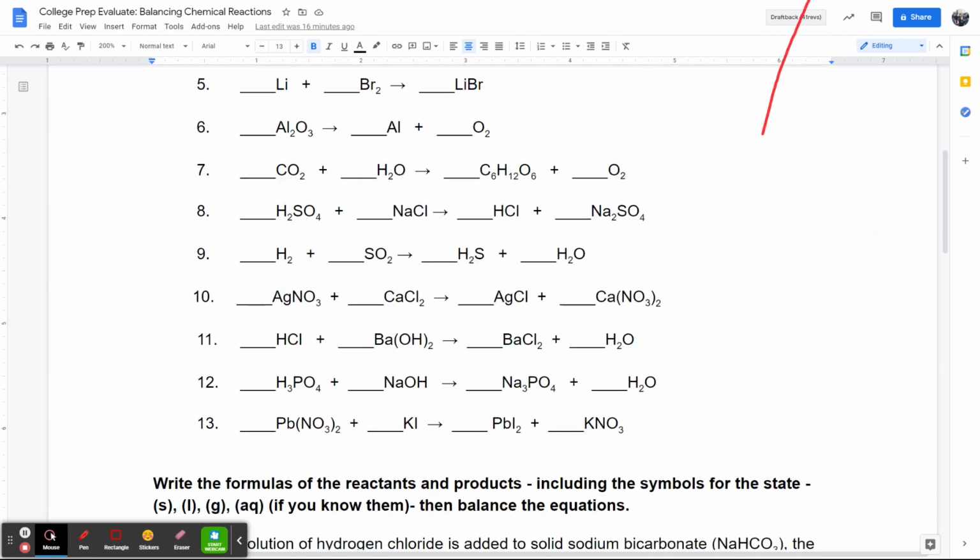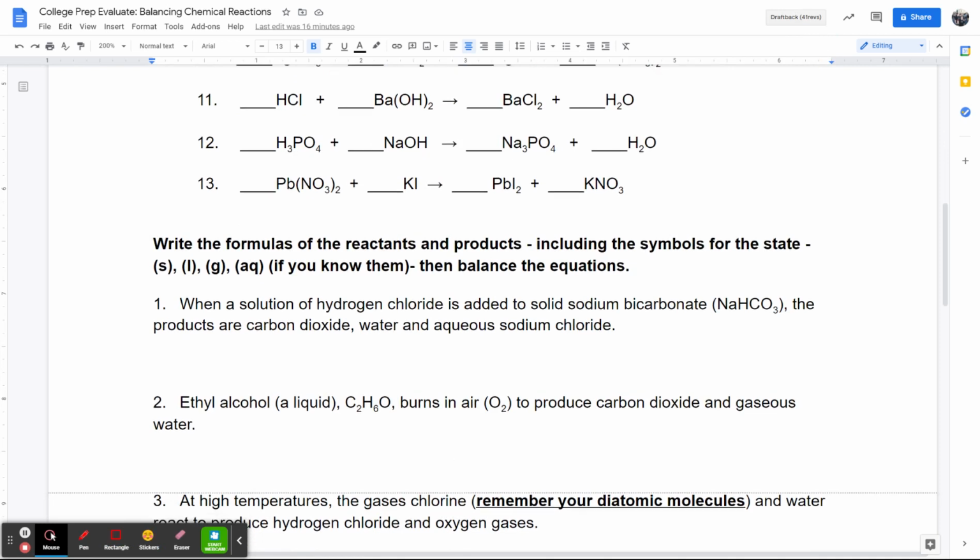we're going to be writing our balanced equation, okay? And we need to remember to include our solid, liquid, gas, and aqueous when appropriate or when we have that information. So when a solution of hydrogen chloride, so solution means aqueous, is added to solid sodium bicarbonate, solid is going to be S, and I've even given you the formula for sodium bicarbonate.